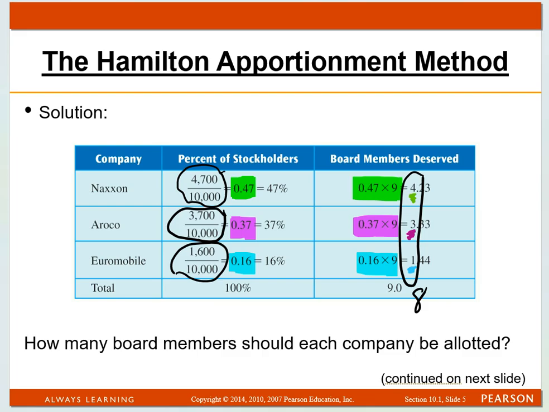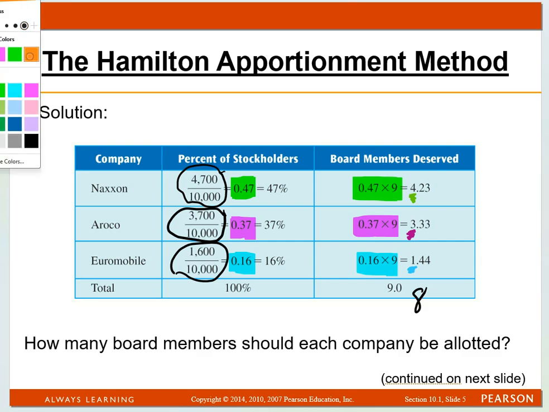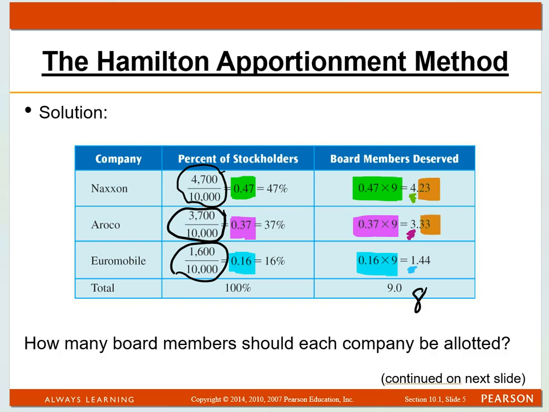It's supposed to be 9 whole seats, which means there's 1 more seat. And so what they do at this point is compare all the fractional parts. There's a 0.23, a 0.33, and a 0.44. Of those 3 fractional parts, 0.44 is the biggest. So they're going to add 1 more seat to Urobile.